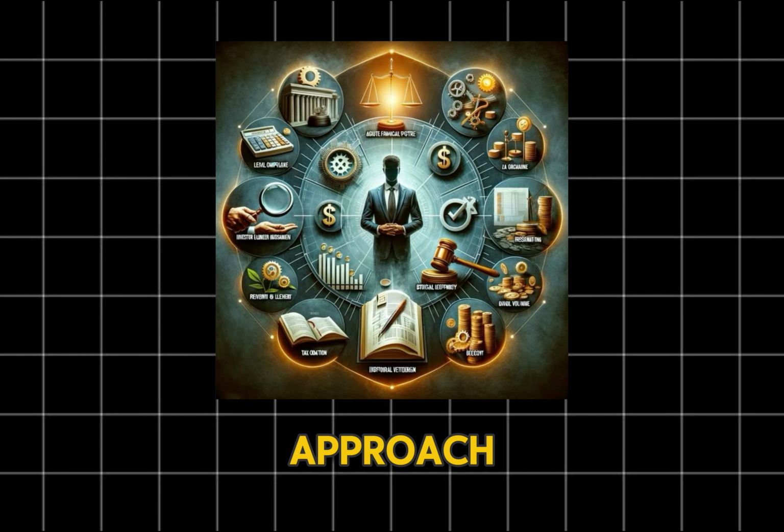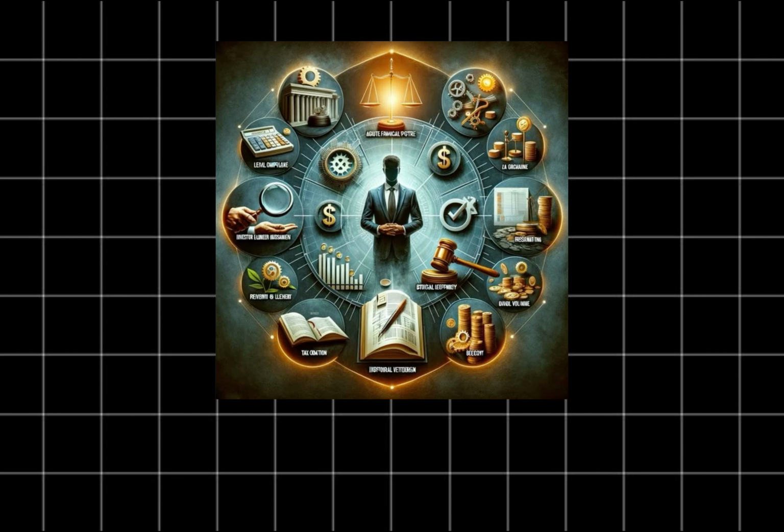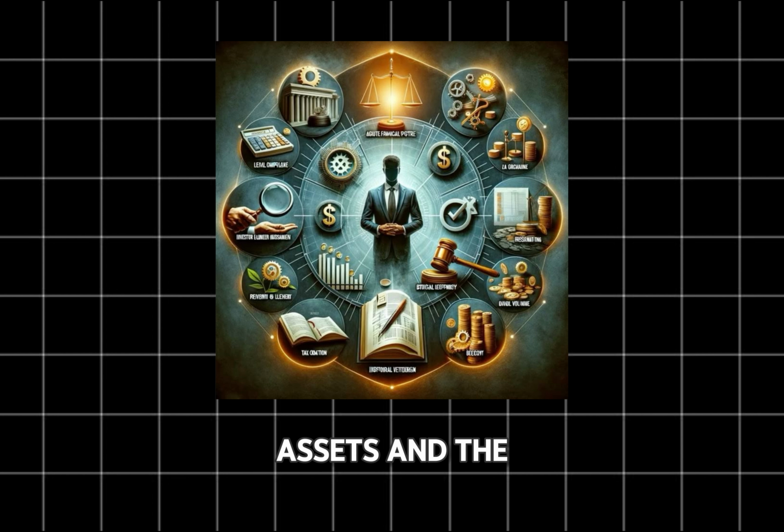The value investing approach. Graham introduces value investing as the foundation of intelligent investing. He emphasizes that investors should focus on a company's intrinsic value rather than its current market price. Intrinsic value is determined by analyzing financial statements, earnings, assets, and the company's overall financial health.